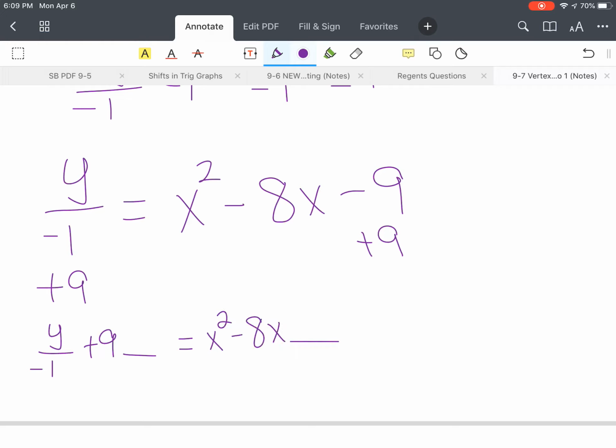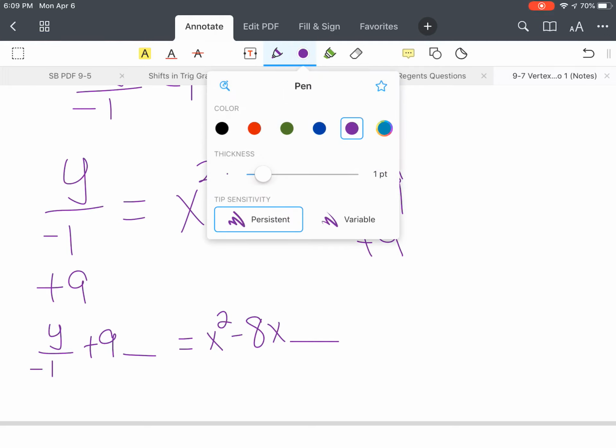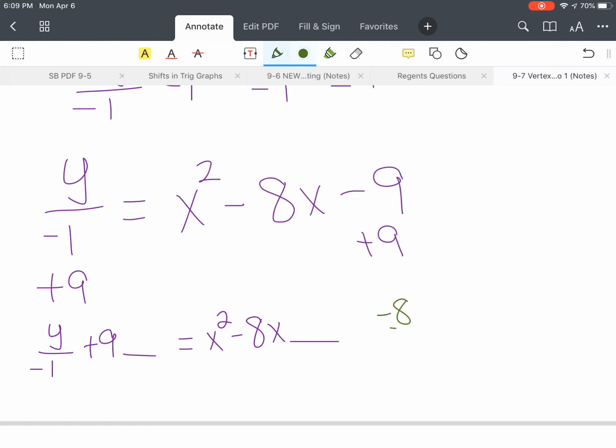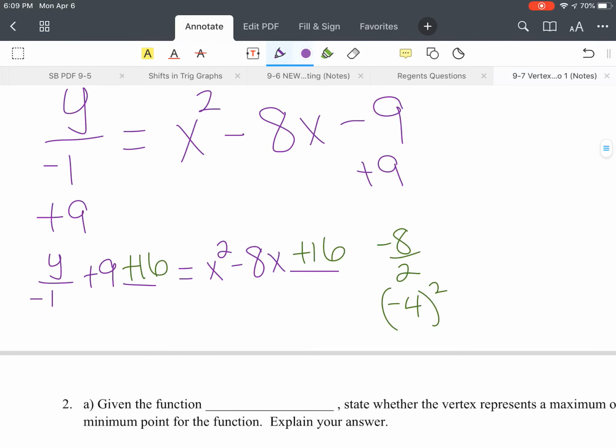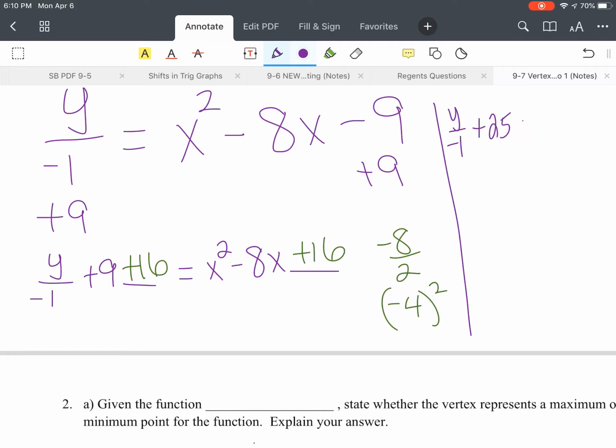Okay, and then let's figure out what we're going to add. Well, we're going to take half of -8, which is -4, and we are going to square that. So that means I'm going to add 16 to both sides. Okay, leave the y over -1 for a minute, and let's just combine. 9 plus 16 is 25.